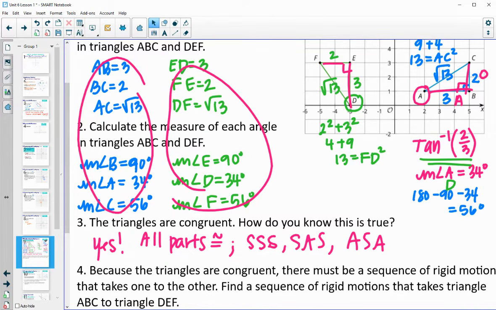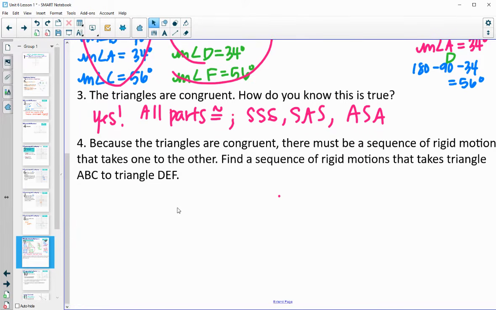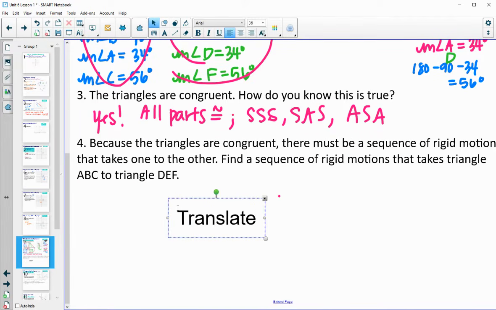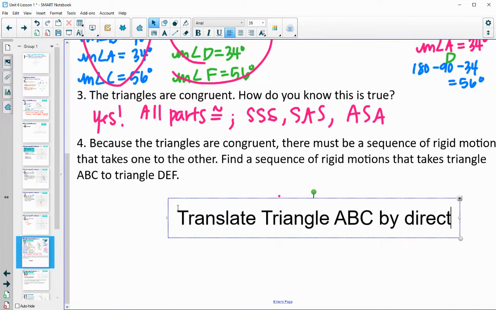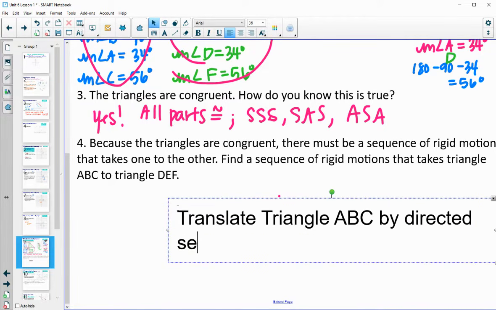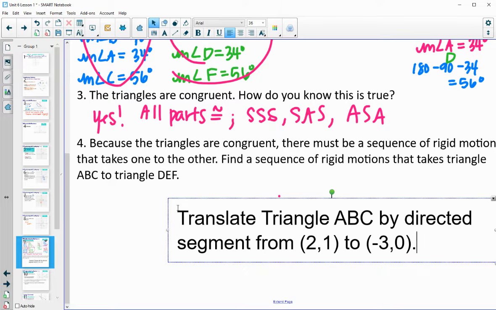Let me type that out. If we wanted to translate, you could translate triangle ABC by the directed segment from (2, 1), which is point A, to (-3, 0), which is point D, the corresponding point.